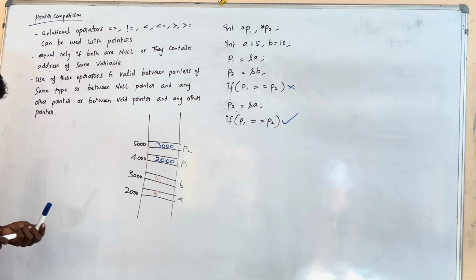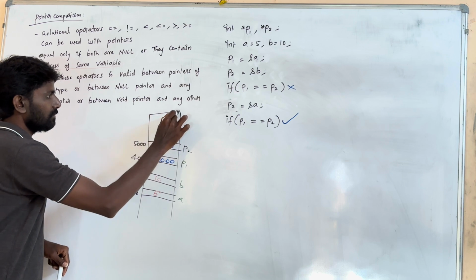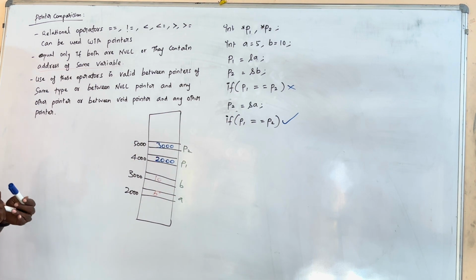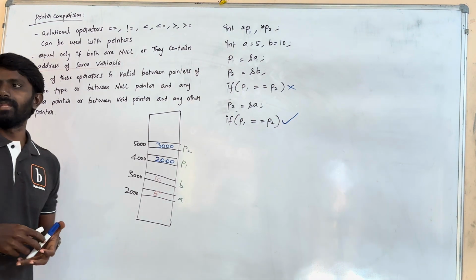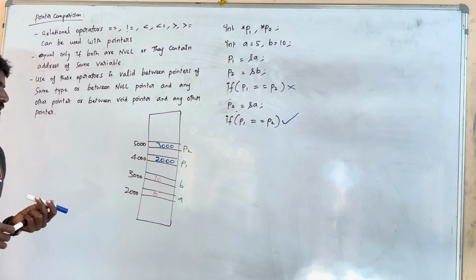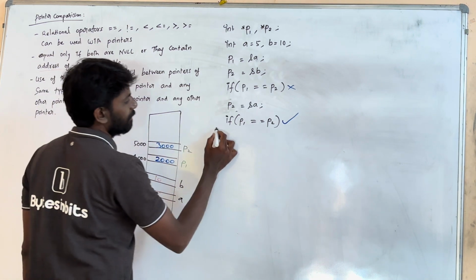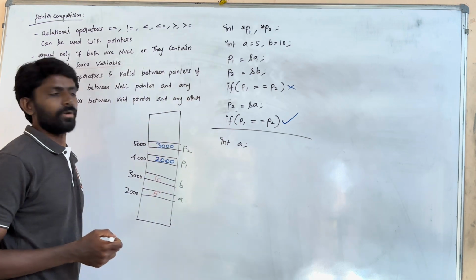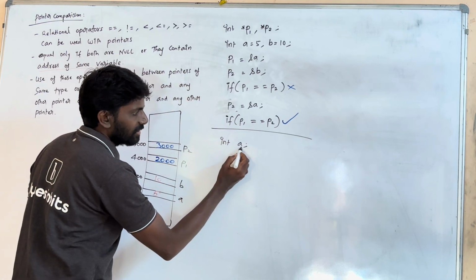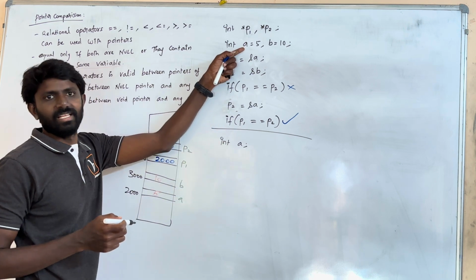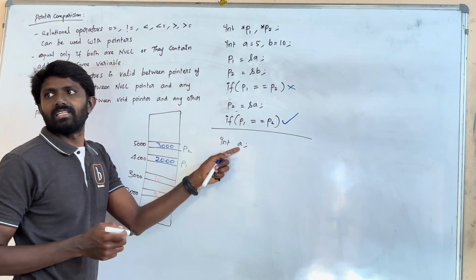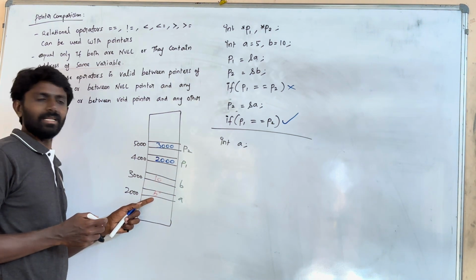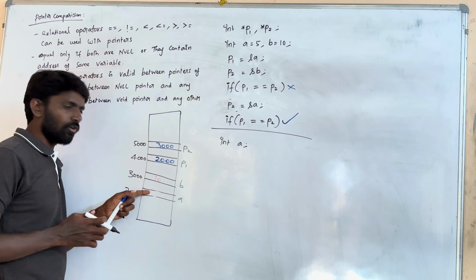So what is null? To understand null, for example, I am declaring one integer variable a, and if I don't initialize this variable, by default, for a, 4 bytes of memory will be allocated, and what value will be there in these 4 bytes of memory?